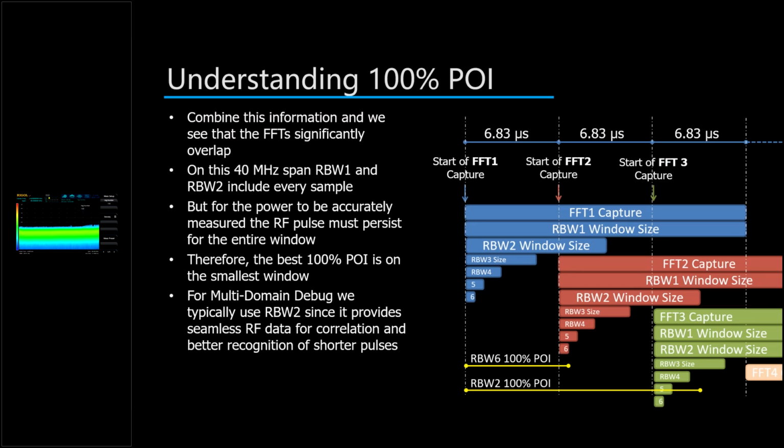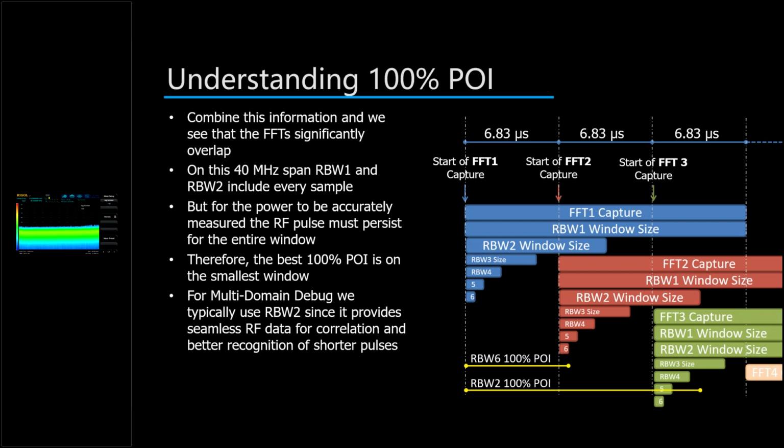Well, here's a little graphic I like to use to explain this. You can see the 6.83 microsecond periods up there between FFTs. That's in essence the inverse of 148,000 FFTs per second, so we have an FFT starting every 6.83 microseconds. There are two things I want you to be aware of here.